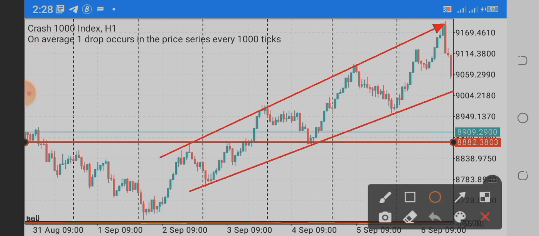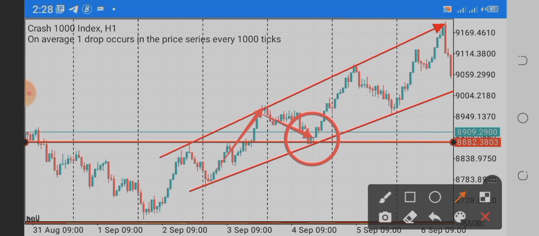Look at what happened here. Just pay attention to here. Listen, the price moves up to the resistance level and pulls back. The price moves up to this trend line, then pulls back to this support level.